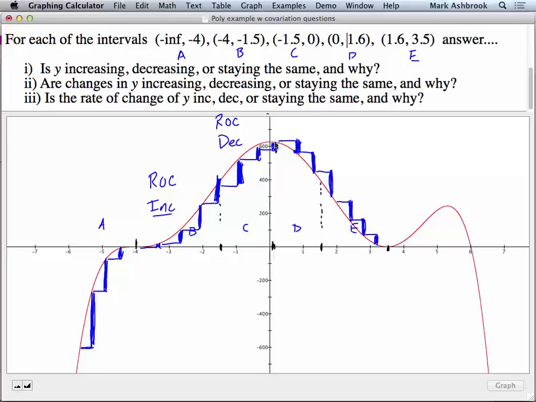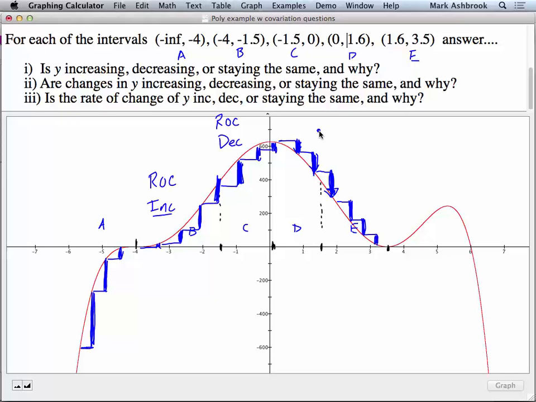y is decreasing, so the changes are positive or negative? Are they getting more or less negative? So are these changes increasing or decreasing? Did you learn something? Those lines get longer, but they're representing negative changes.